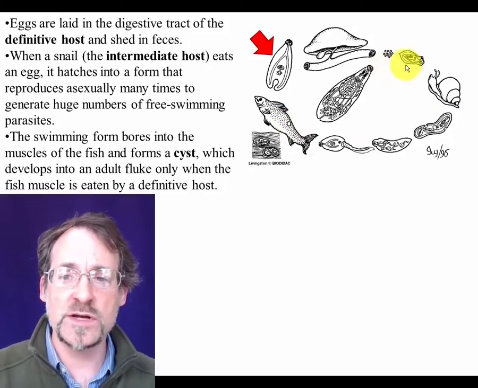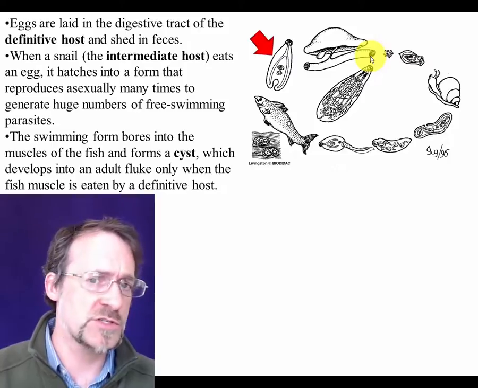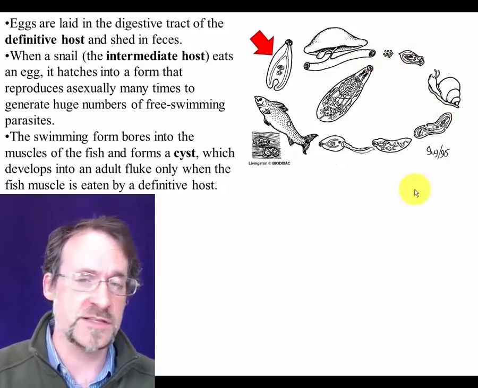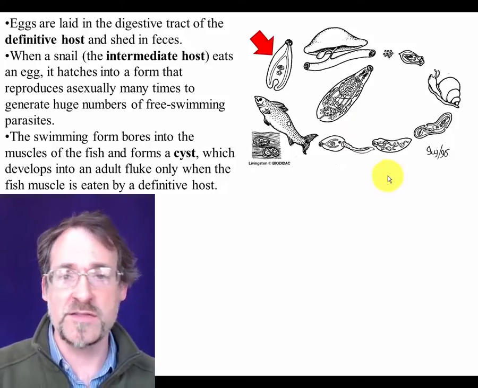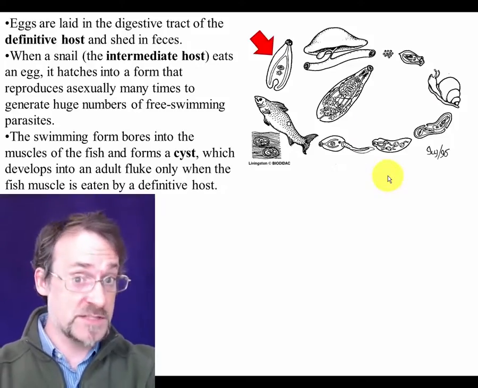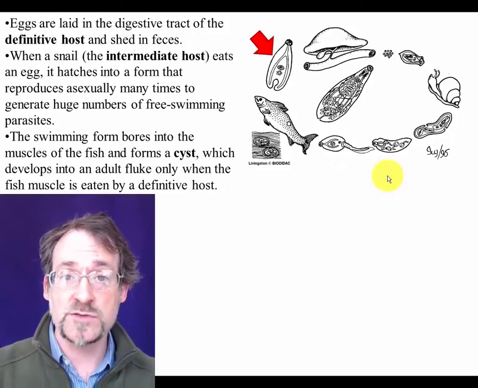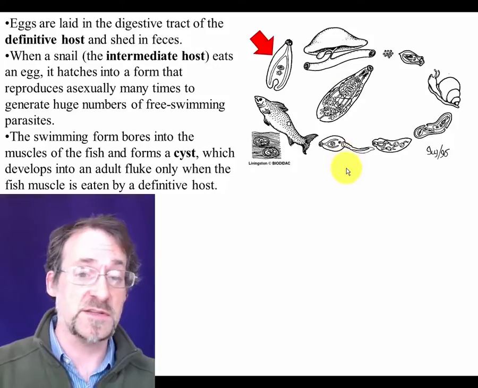And the odds of at least one of the offspring making this whole loop would be hundreds of times worse than it is when you've got this asexual reproduction within the snail. So it seems bizarre that a fluke would have such a complex life cycle, but it actually makes a certain amount of sense. It's how the fluke increases the odds that at least one of its offspring will eventually make its way into the digestive system of the definitive host.